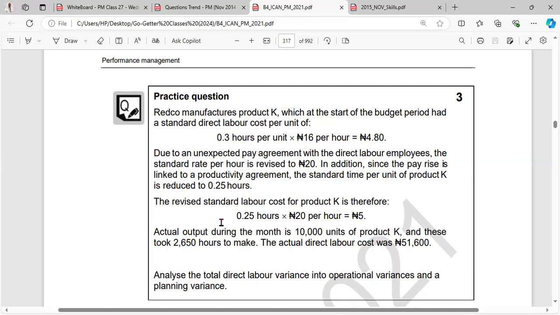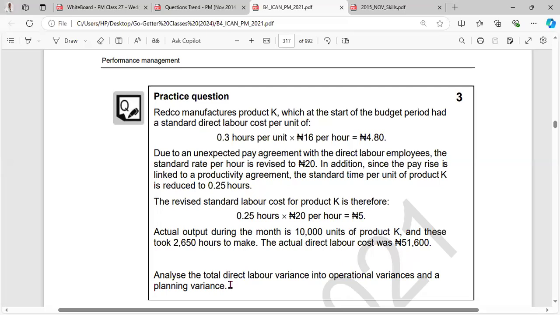Actual output during the month is 10,000 units of product K, and this took 2,600 hours to make. The actual direct labor cost was 51,600. Now analyze the total direct labor variance into operational variances and a planning variance.